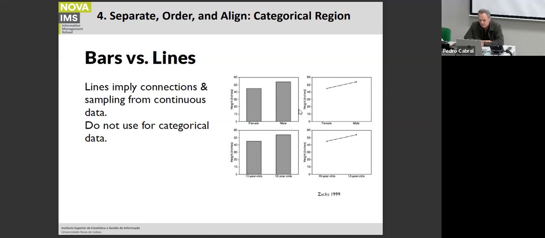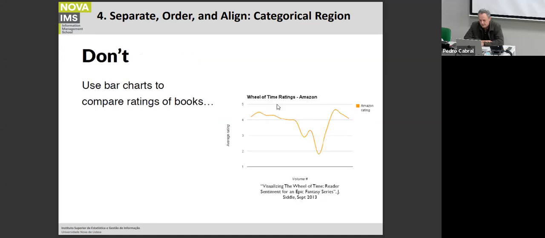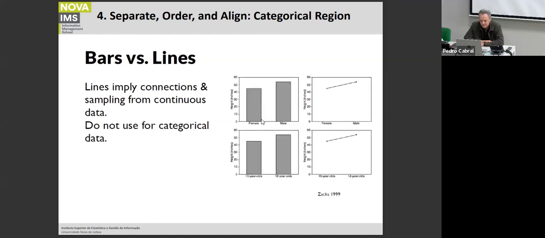Okay, so don't do this kind of nonsense, which is to create a line chart to connect two attributes which are categories and not ordered attributes. Okay. The example on the top is wrong. The example on the bottom is okay.